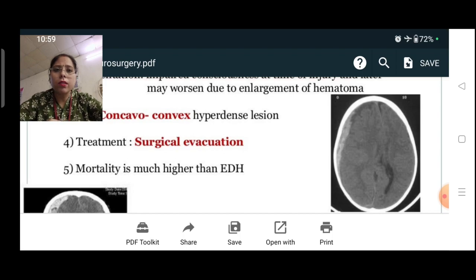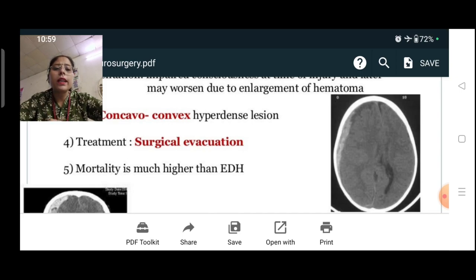What the surgeon is the main specialist of, that's why it depends the most on that. But yes, surgical evacuation is the main treatment for any type of hematoma.